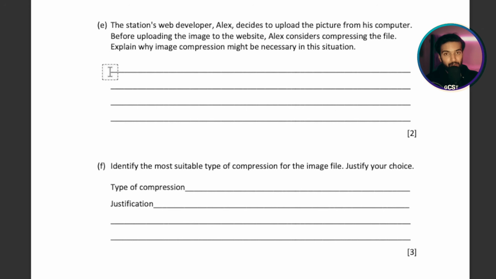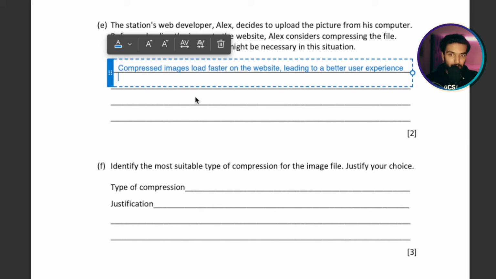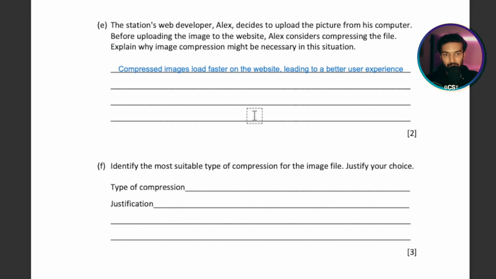But if you have a lot of information and you're trying to go onto a website, it's going to take time to load. Compression helps to make it smaller so that it loads faster. So we can say compressed images load faster on the website, leading to a better user experience. And also you can mention something about smaller image sizes taking up less space.